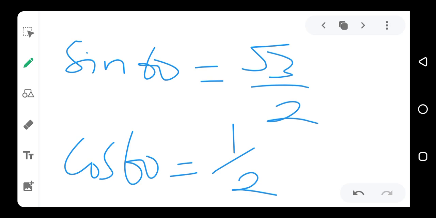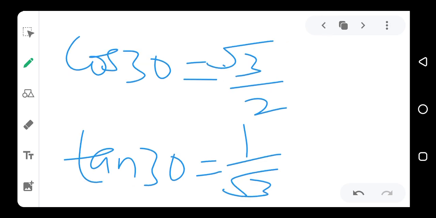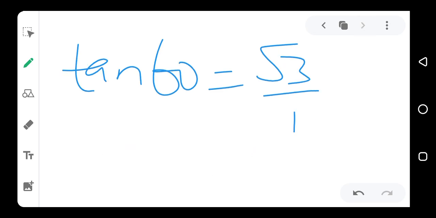If you use your calculator and get cos 60, you are still going to get the same thing that you have for sin 30. Also, sin 60 is root 3 over 2. Let's check cos 30, root 3 over 2. So two of them are equivalent. You should always remember this.